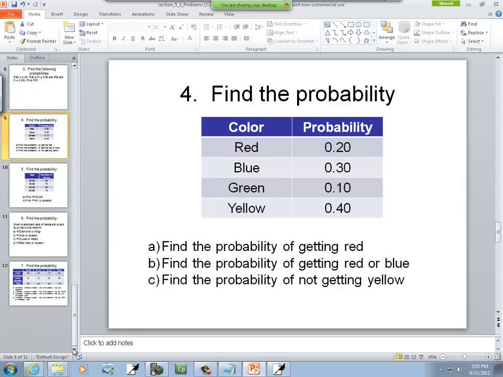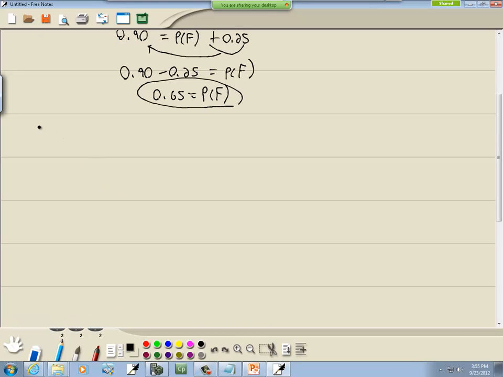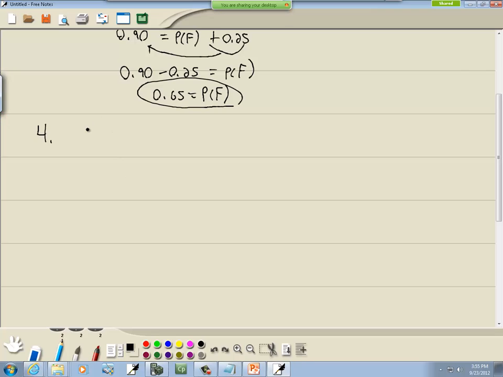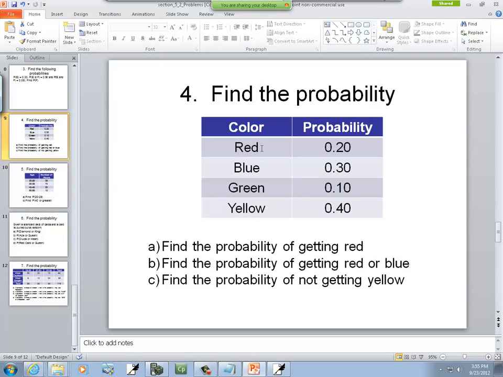Let's look at this problem. It says find a probability, and we're given a probability model here. A says find the probability of getting red. Well, we just look this up in our table. The probability of red is 0.20.